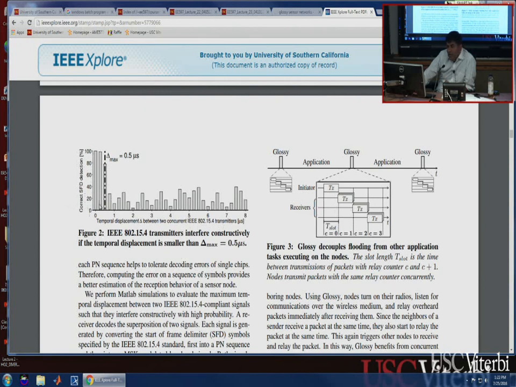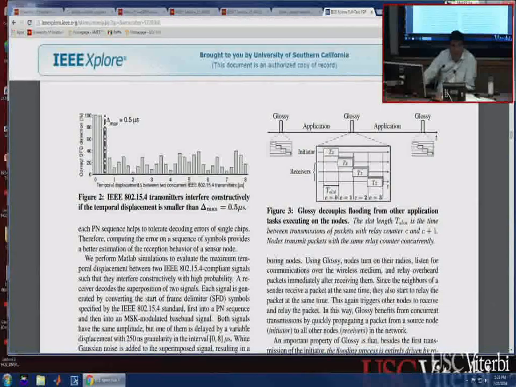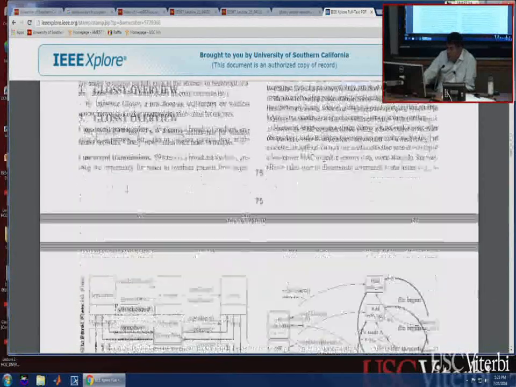And it does show that in their particular scheme, which doesn't use phase dithering or error control coding, so it's a much simpler implementation of cooperative broadcast, that if you kept the synchronization between the two nodes to be within half a microsecond of each other, then you get good performance, but otherwise it can be pretty bad. Okay, so that's sort of their finding empirically for that particular radio. So half a microsecond is what they needed the synchronization accuracy for their network to be.